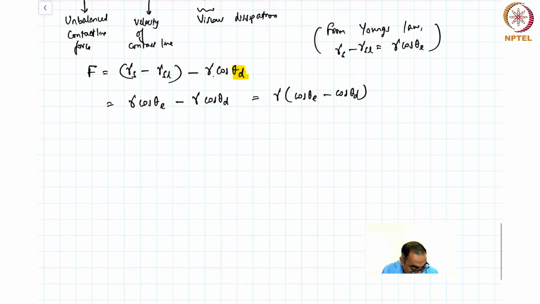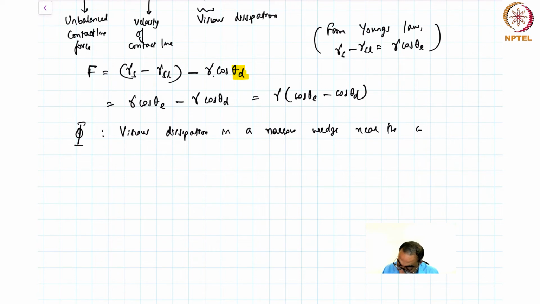That's the force. And the question is, how do we estimate phi? Phi is basically the viscous dissipation in a narrow wedge near the contact line.